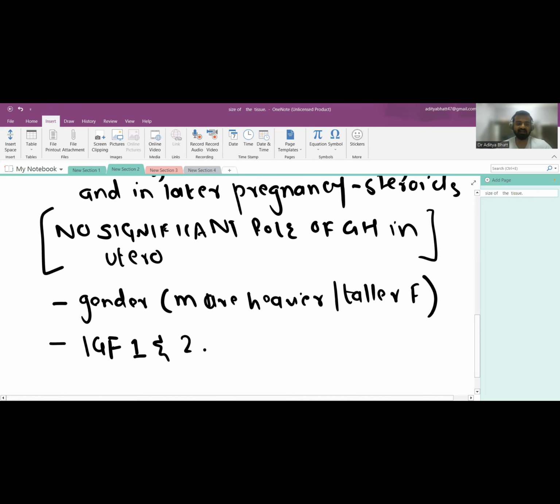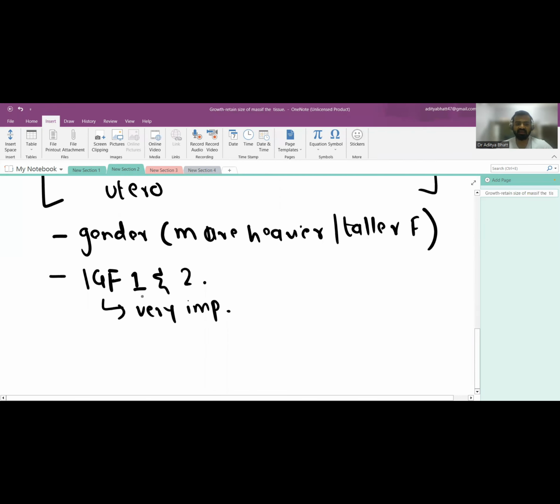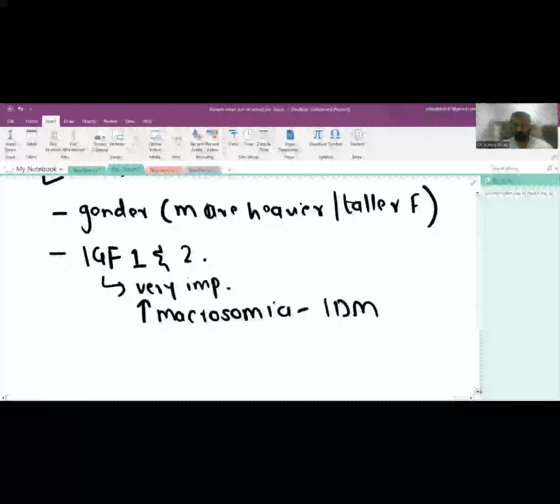Insulin-like growth factors have a very important role, and usually it is IGF-2 which is important in in utero growth. They are also the reason for the increase in size of the baby, or macrosomia, in infants of diabetic mothers, because insulin acts on the insulin-like growth factors, which causes the child to grow to a bigger size in utero. So remember that IGF-1 and IGF-2 are very important factors.